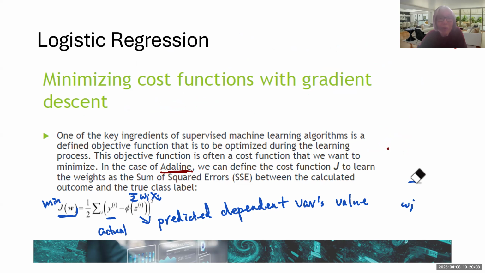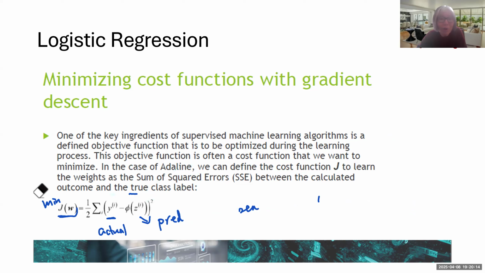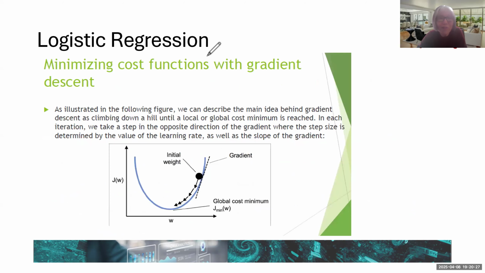This derivative of the cost function with respect to the weights is called the gradient. Then why is it gradient descent? What is that idea?